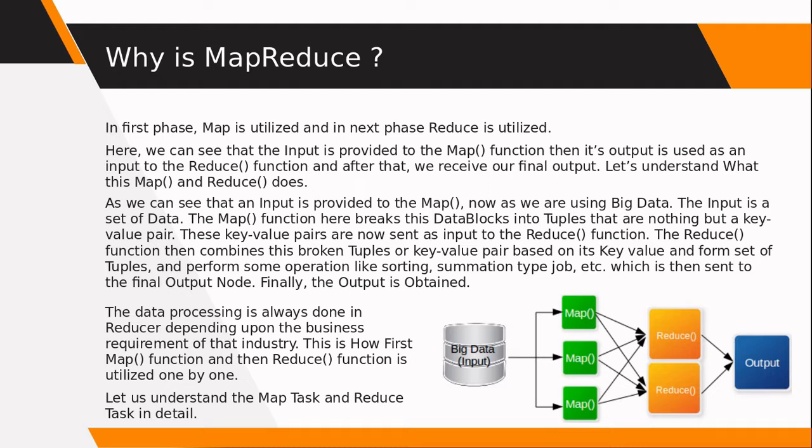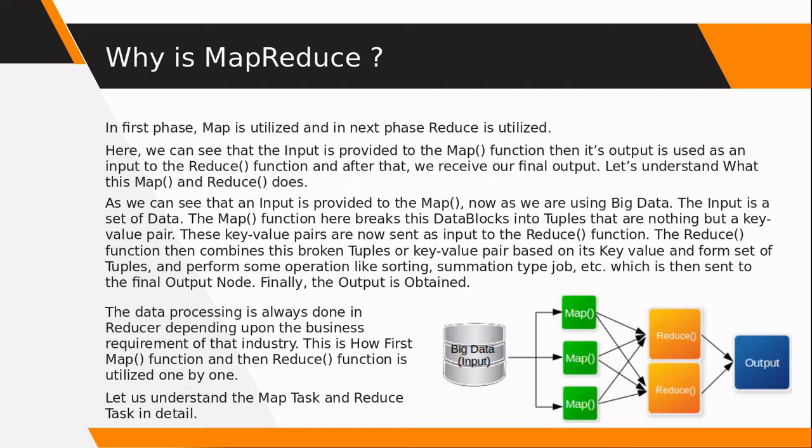The reduce function then combines these broken tuples or key value pairs based on their key value, and from the set of tuples, performs some operation like sorting, summation type job, etc., which is then sent to the final output node. Finally, the output is obtained.